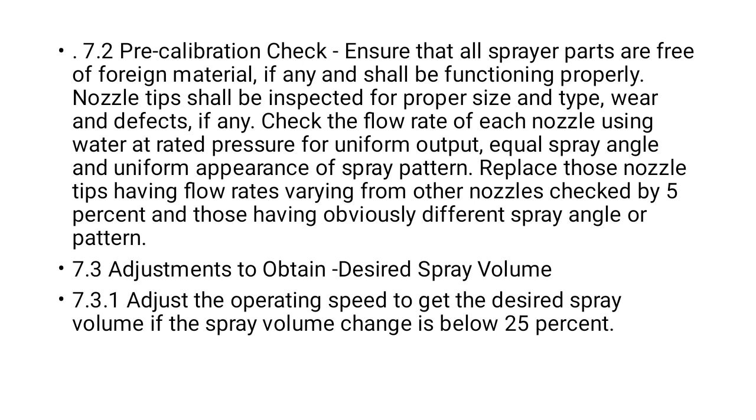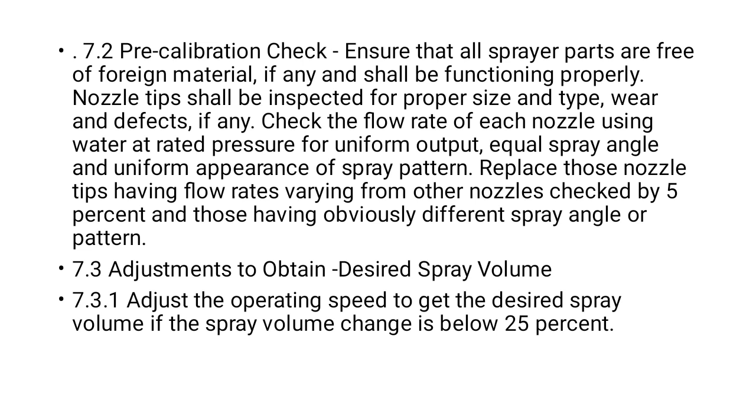Nozzle tips shall be inspected for proper size and type, wear and defect, if any. Check the flow rate of each nozzle using water at rated pressure for uniform output, an equal spray angle and uniform appearance of the spray pattern. Replace those nozzle tips having flow rates varying from other nozzles checked by 5% and those having an obviously different spray angle or pattern.